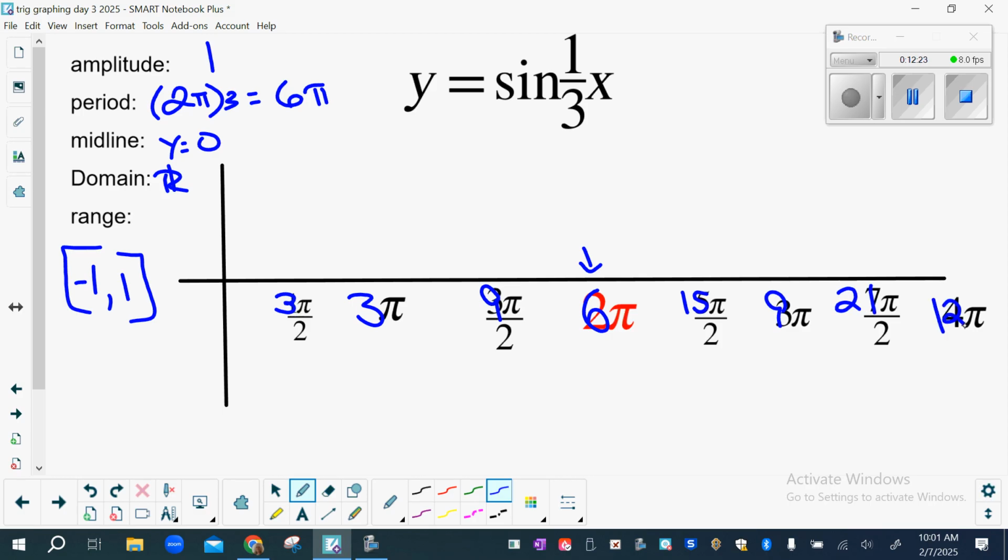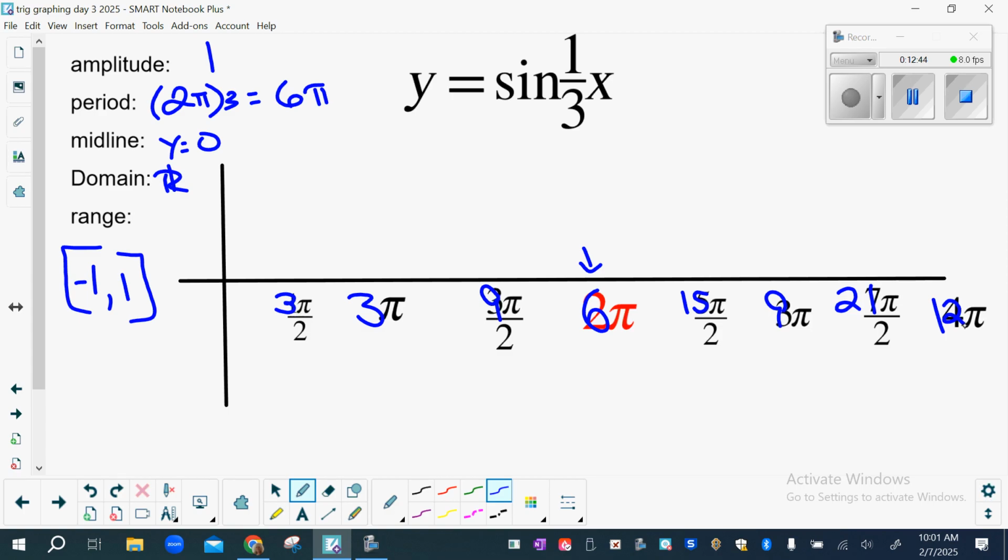Instead of 4 pi, it's taking 12 minutes to do the exact same amount of waves. It's going so slow, right? Think of them as minutes. We're slowing it down. It's taking a lot of minutes.